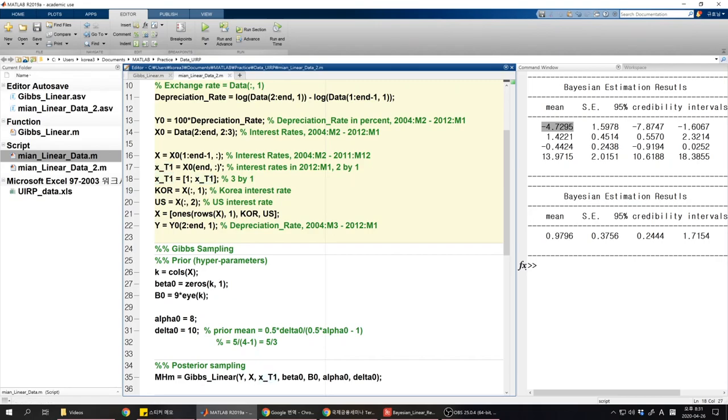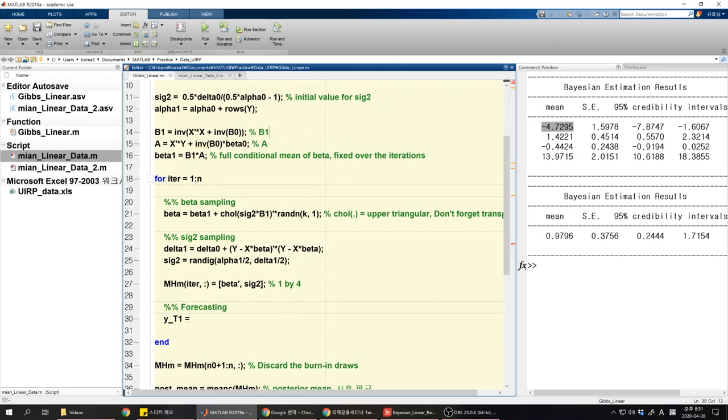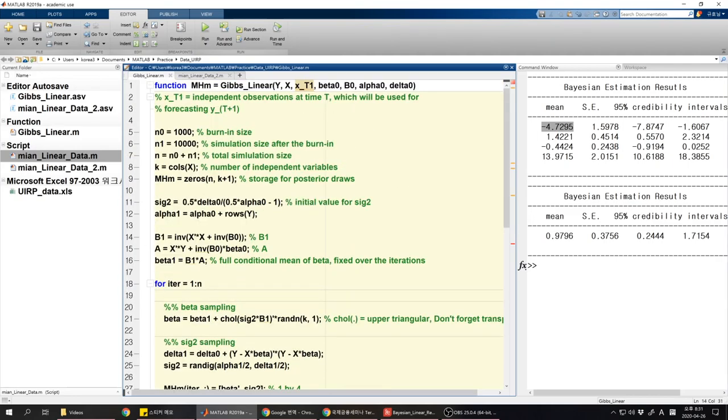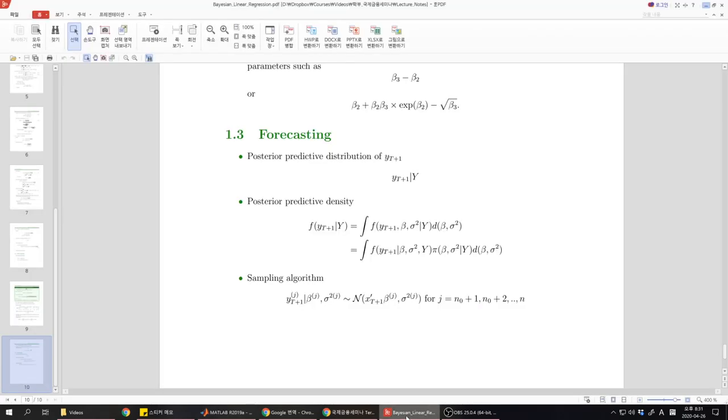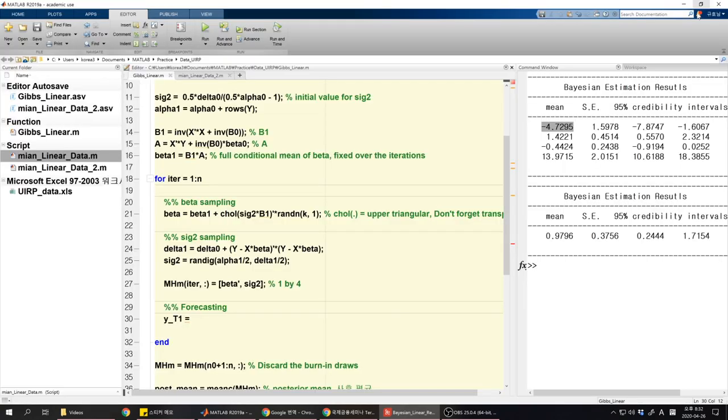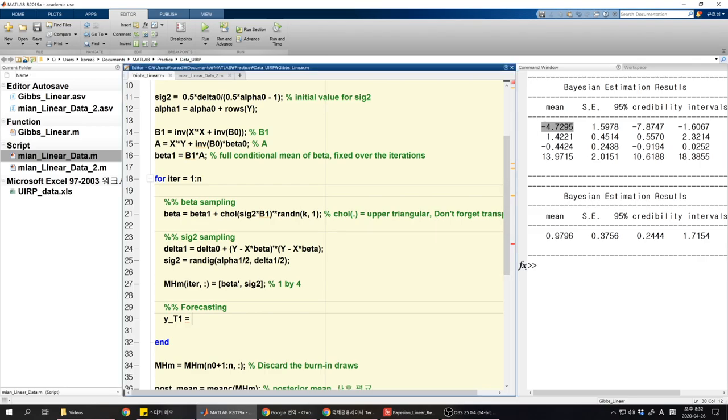So then, what's the conditional expectation? The conditional expectation is x capital T plus 1 prime times beta, right? So here, x underbar capital T plus 1 prime times beta, plus, what's the variance?